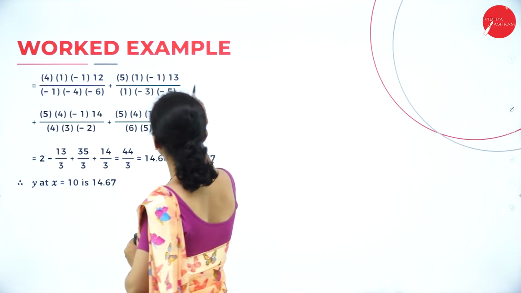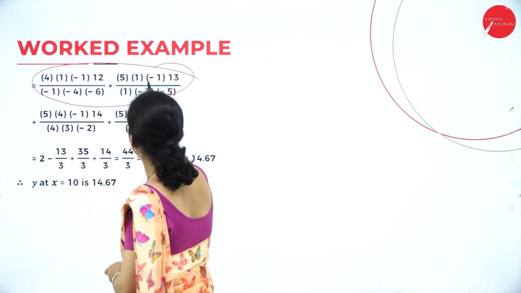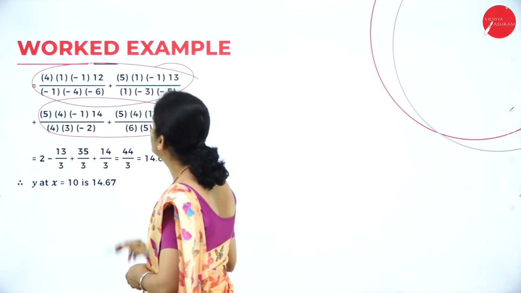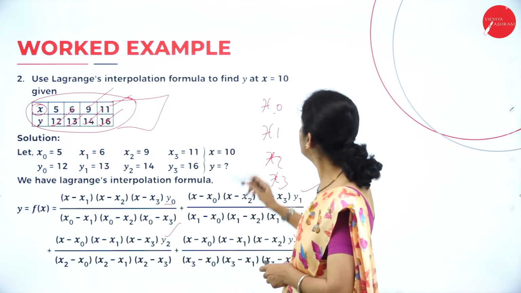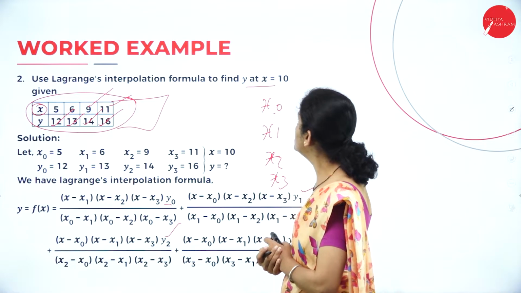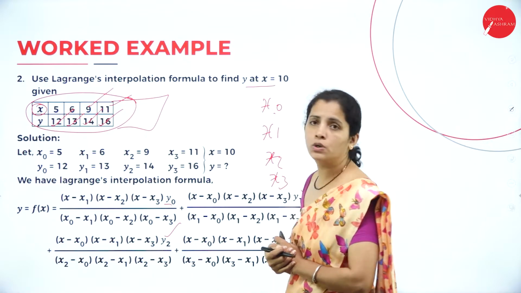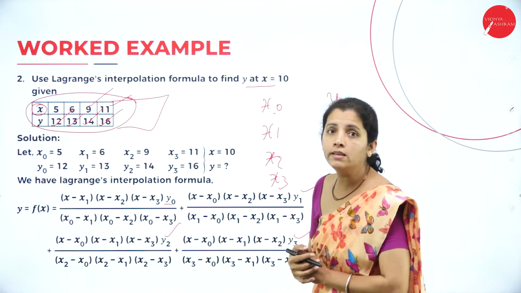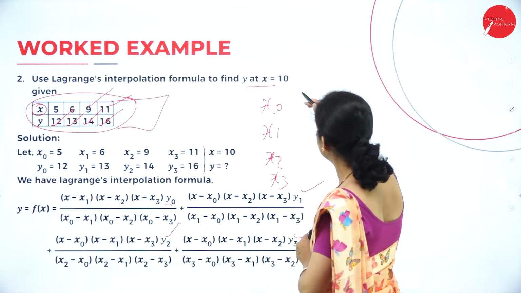After substituting the values, what is x here? In the question, they have mentioned x equal to 10. So, x is 10.